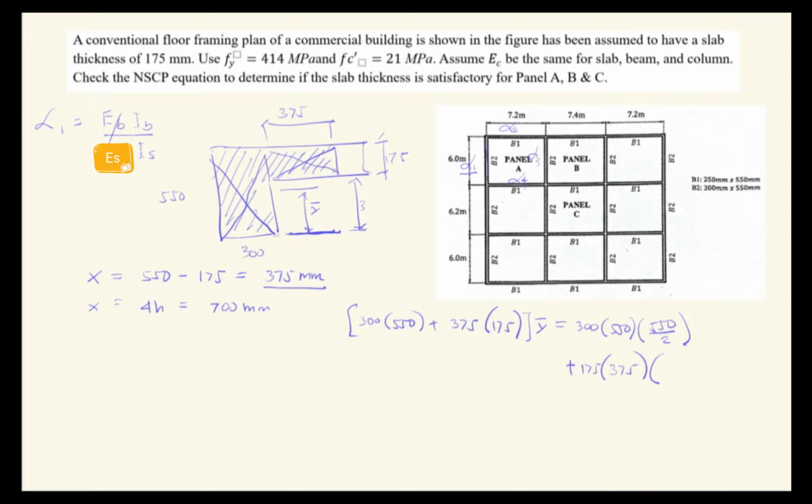This distance is 375. So we have in here 375 plus half of 175. This will give us the value of 328.354 mm, say stored in memory F.